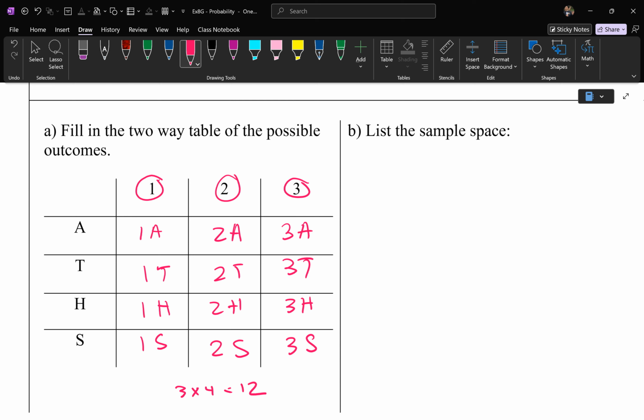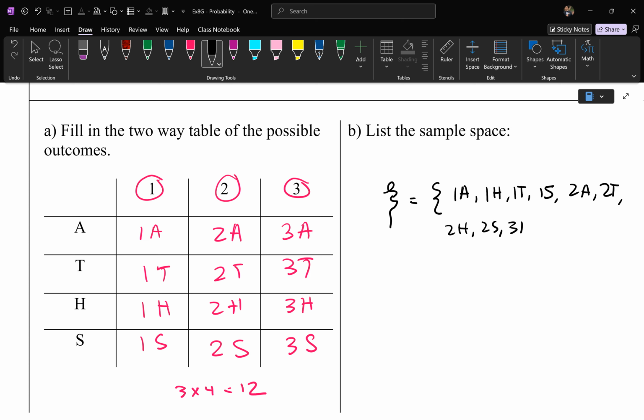So with the diagram, it makes it easier for you to say what the sample space is. The sample space is clearly, you don't have to write this again, I'm just spelling it out for you: 1A, 1H, 1T, 1S, and then 2A, 2T, 2H, 2S, and then 3A, 3H, 3T, 3S.